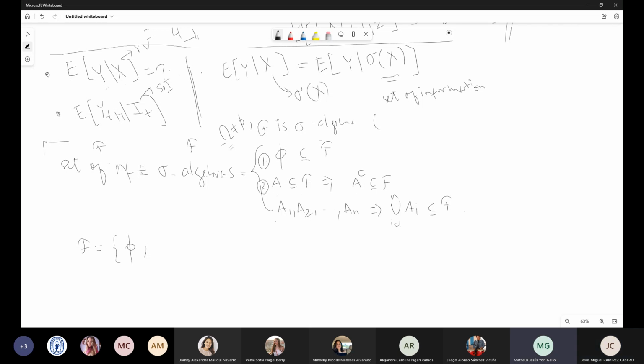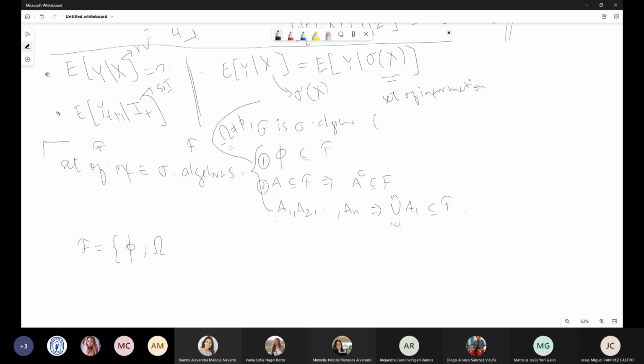Es el conjunto universal. ¿Y el conjunto universal aquí, en este caso, cuál es? Es omega, porque es sobre ese conjunto sobre el cual se desarrolla todo.